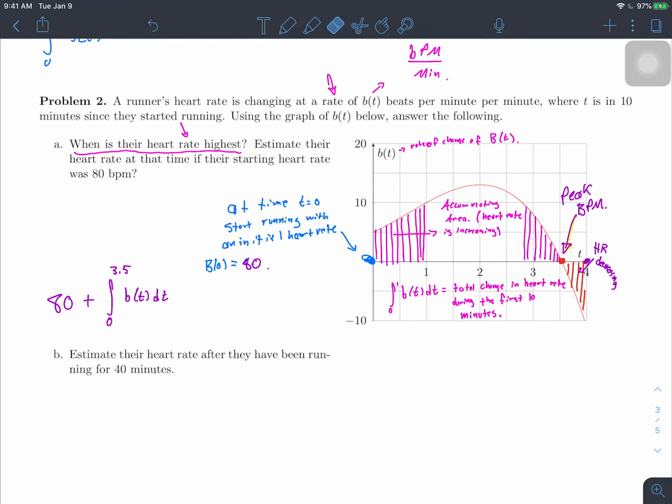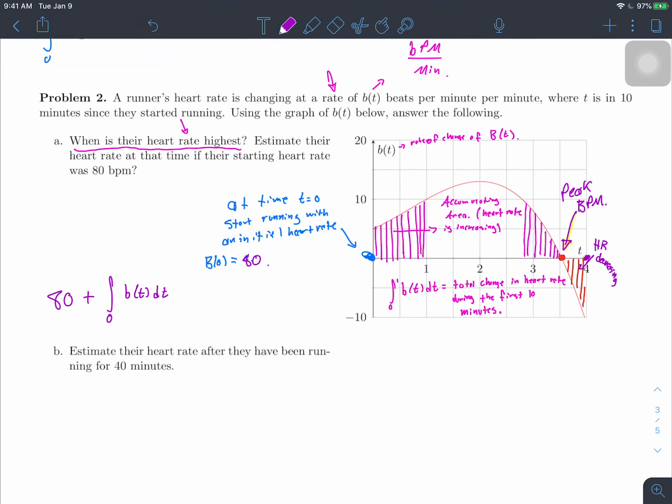Actually, not quite. We have to be a little bit careful here. T here is measured in 10 minutes since they started running, meaning that each block here is 10 minutes. B of t is measured in beats per minute per minute.